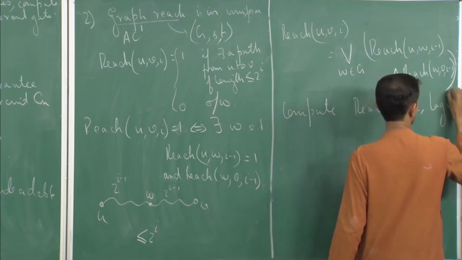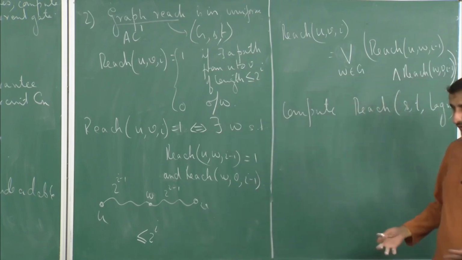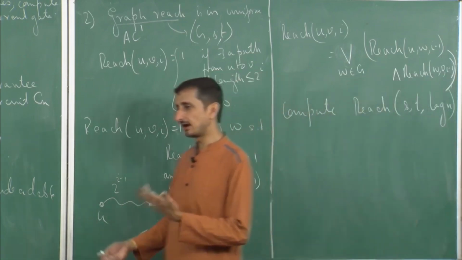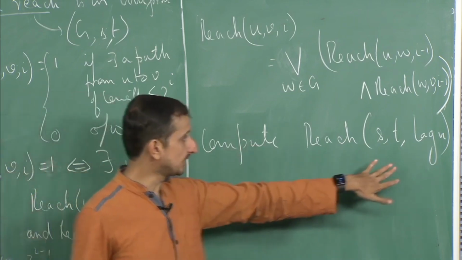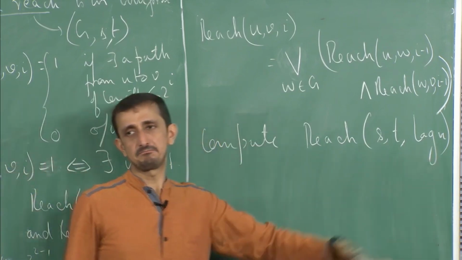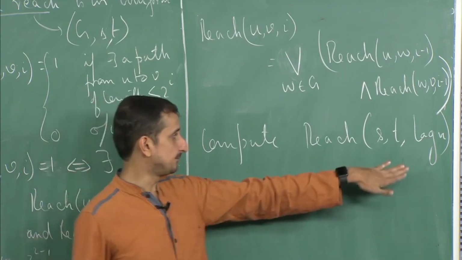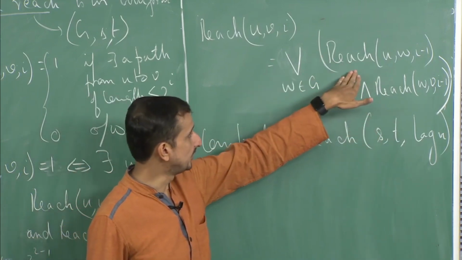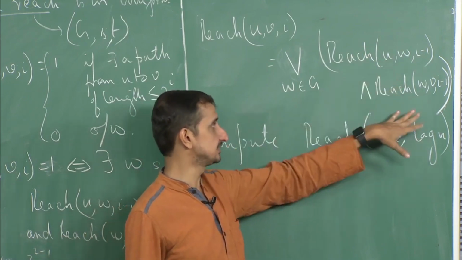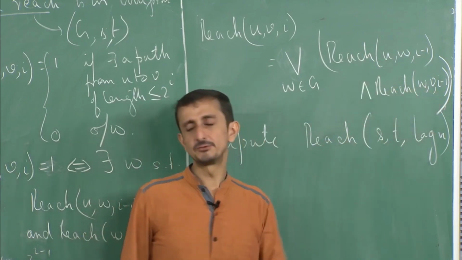Why log n? So, n is the number of vertices. So, the maximum length path in any graph is at most n minus 1, which is less than 2 to the power log n. So, if I can actually compute this predicate, then I have an answer to reachability, and to compute this predicate, what I have shown is that it reduces to computing reach for lower values of I.